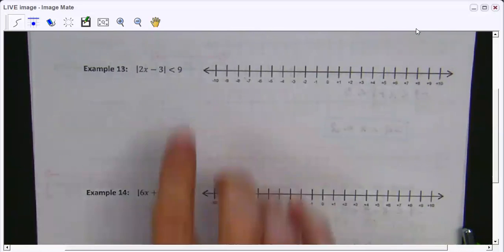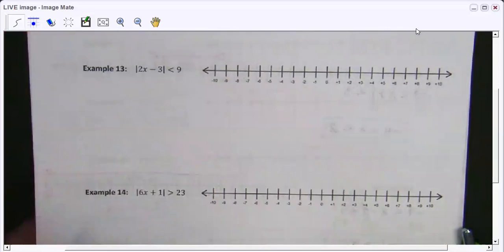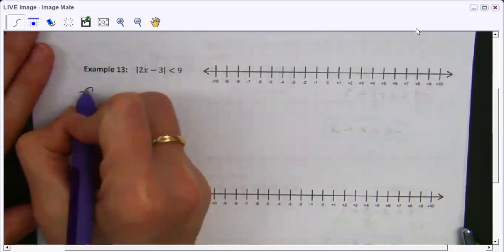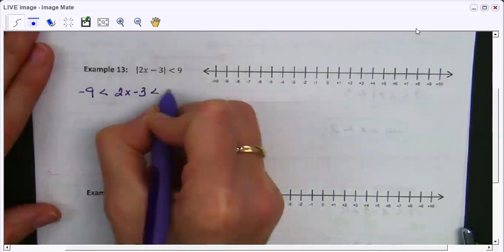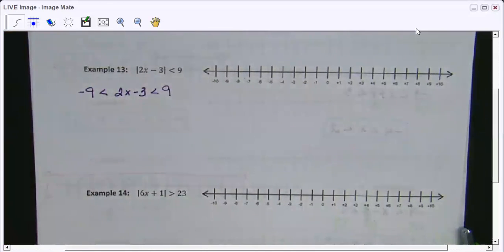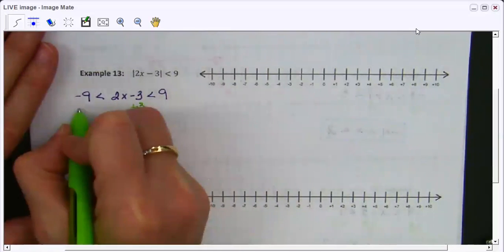Okay, so this one, we're going to set it up as a conjunction, meaning that 2x minus 3 is in the middle. You have a +9 on the right, a -9 on the left. And then we go ahead and solve it like a 2-step inequality. But remember, whatever you do in the middle, you do to the left and the right side. So in this case, the first thing we will do is add 3 to all 3 sides.